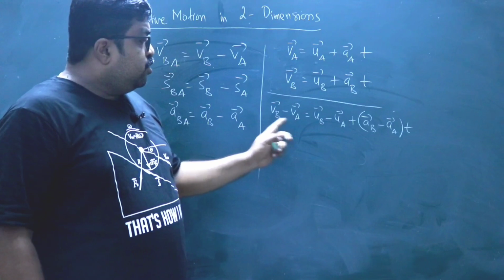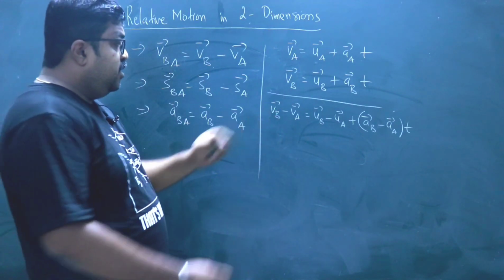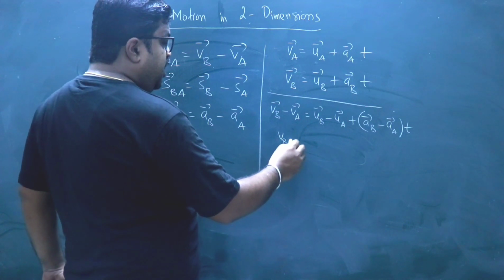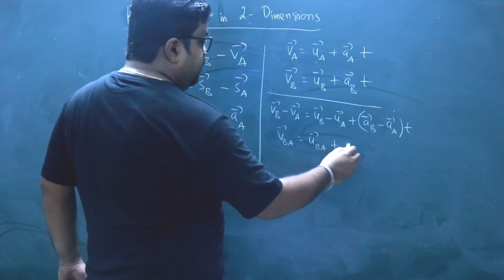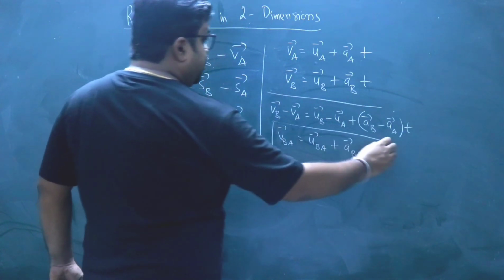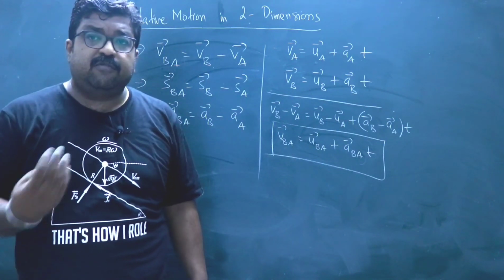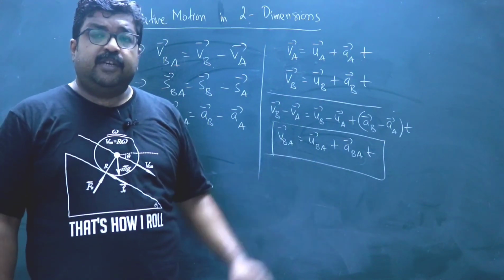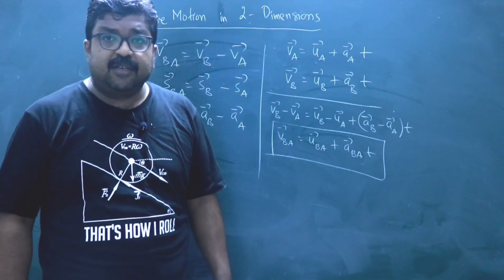VB minus VA is the relative velocity of B with respect to A. So VBA is equal to UBA plus ABA into t. So this is how we can modify the three equations of motion in terms of relative motion. This is the first equation of motion, called the velocity time relation.